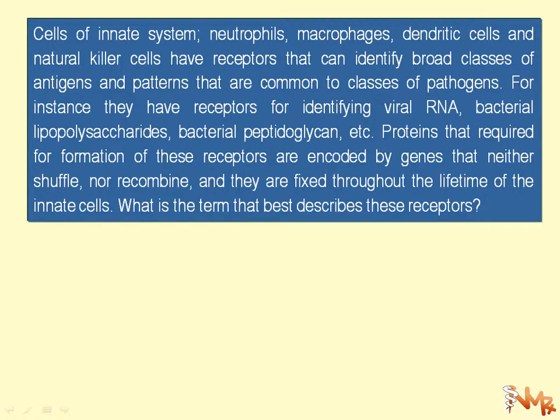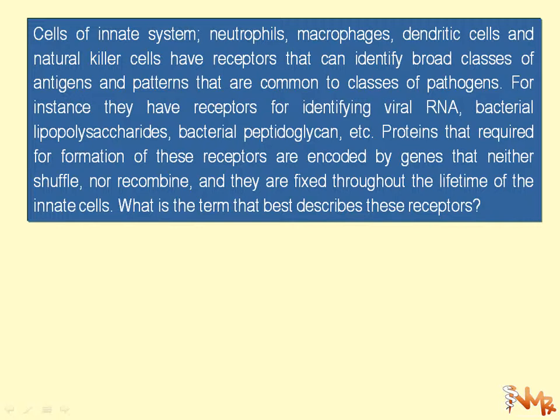Let's start with this good starting question. Cells of the innate system (neutrophils, macrophages, dendritic cells, natural killer cells) have receptors that can identify broad classes of antigens and patterns that are common to classes of pathogens.